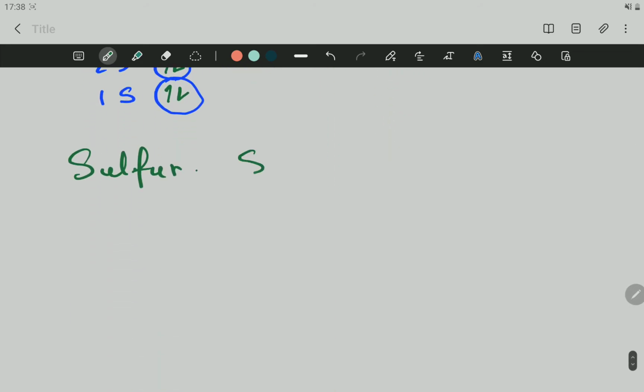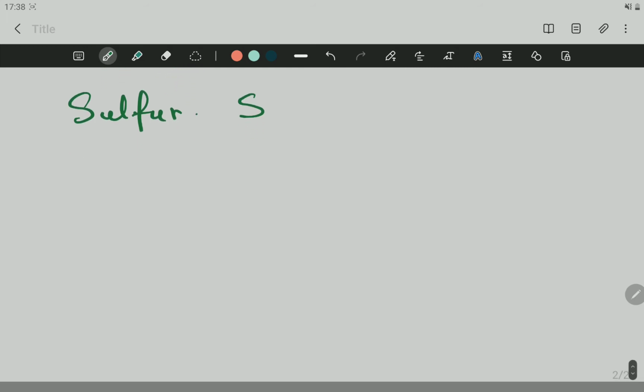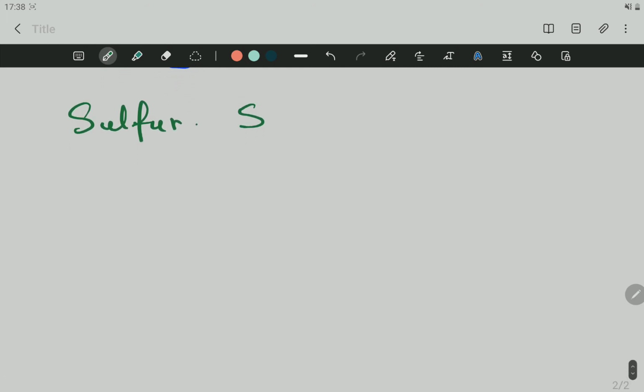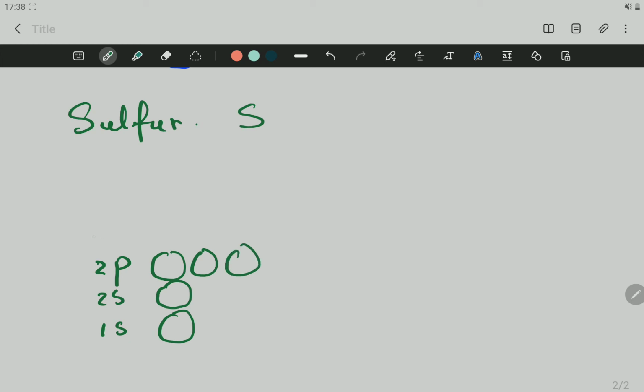The symbol is capital S. So let's do all the boxes first, as we did before with aluminum, because it's easier. It's 1s, one circle, 2s, another circle, 2p, 3 circles, 3s, 3p, and then 4s.